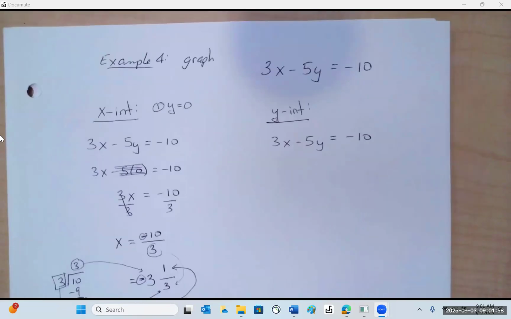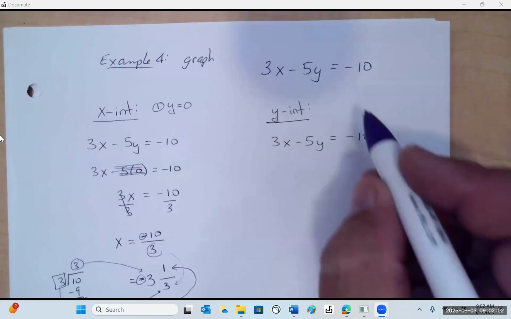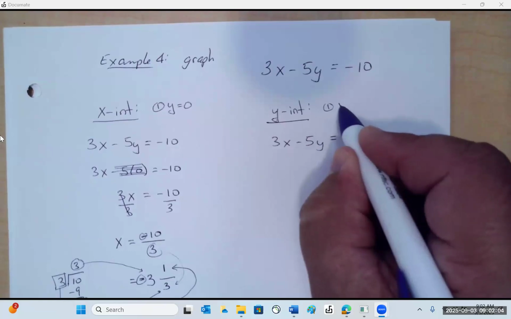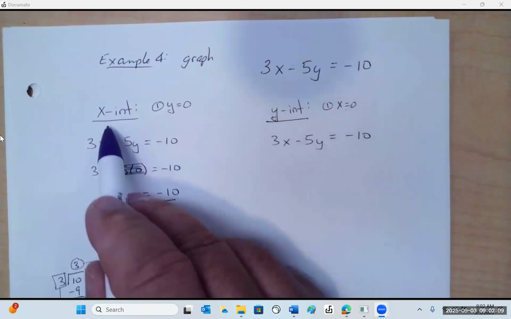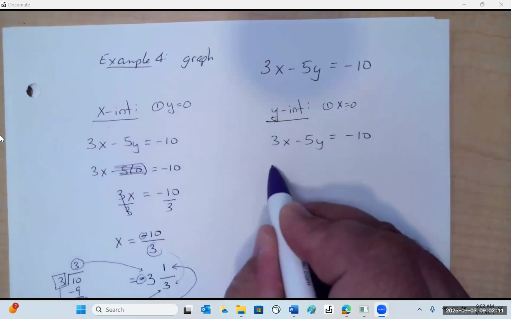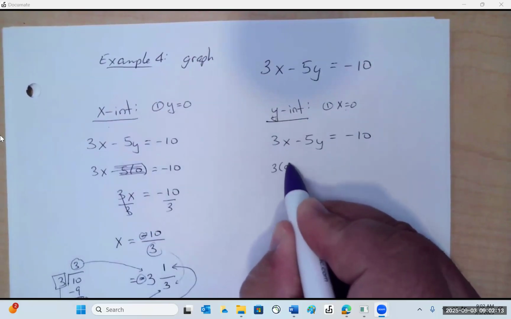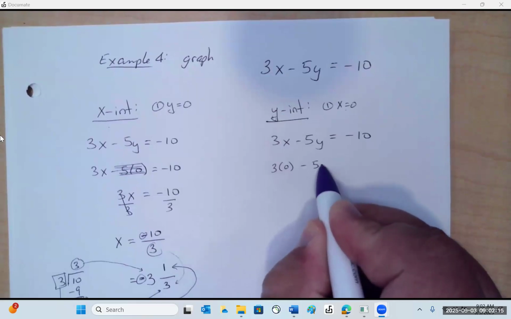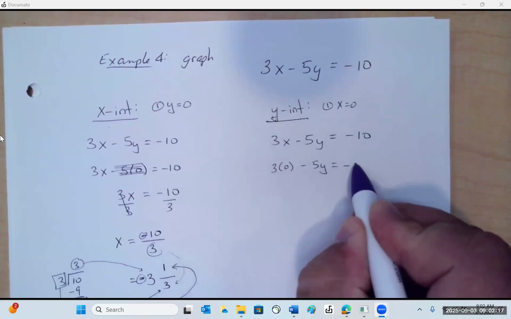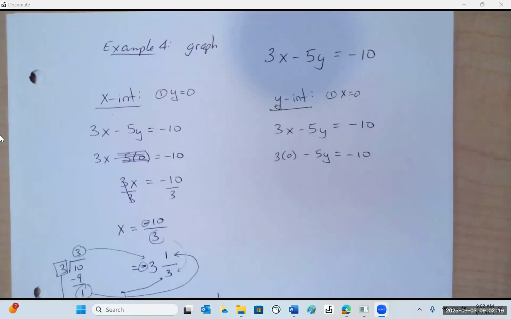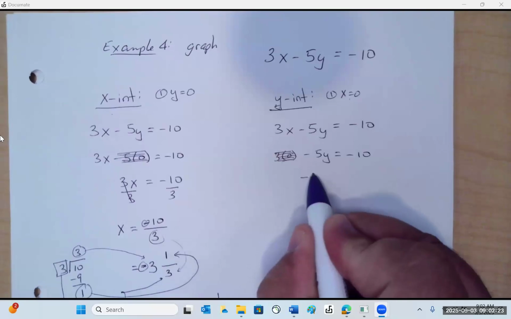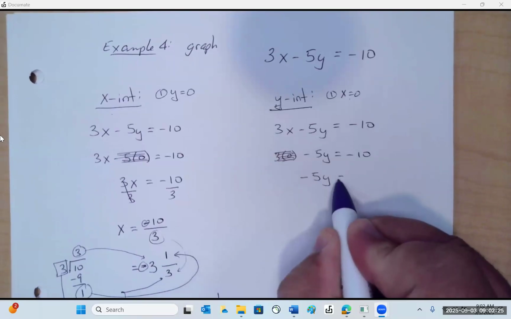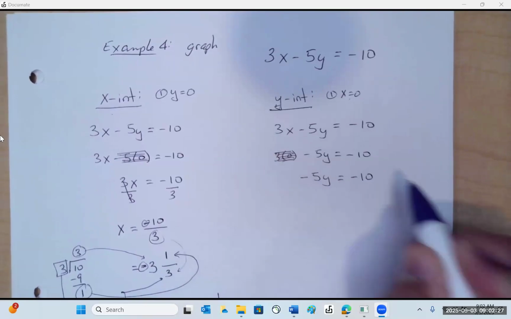Let's find the second one. How do you find the y-intercept? Set x equal to 0. In other words, for the y-intercept, get rid of the x. For the x-intercept, get rid of the y. So 3 times 0 disappears. So we have negative 5y equals negative 10.